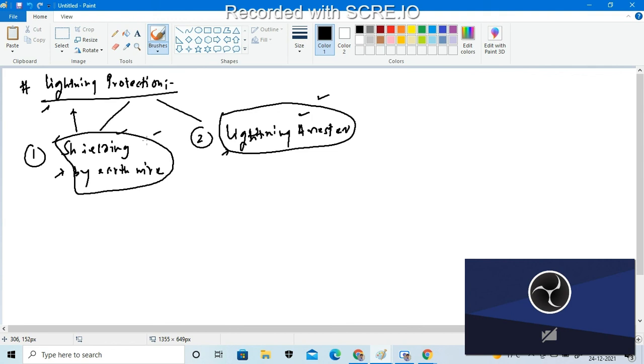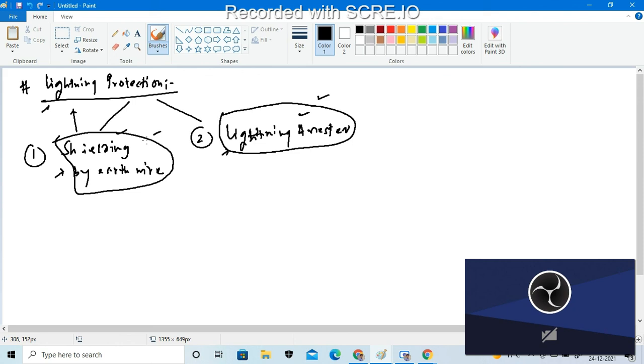So to protect these home appliances, we consider shielding by the earthwire in our home. That means we need earthing for this lightning protection.